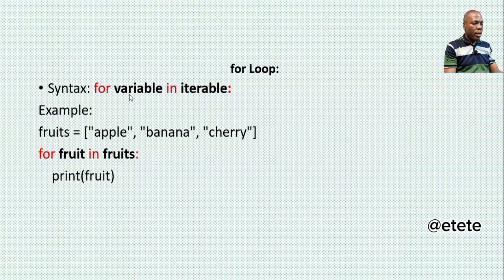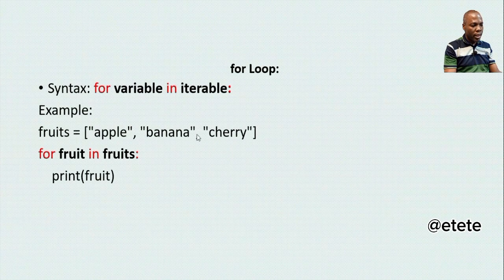For, then a variable that will hold whatever it is that you are bringing out from this iterable. So for variable in iterable, and then you will go in and carry out the instruction. So the example is fruit. A fruit is a variable, and this is a list: apple, banana, cherry.